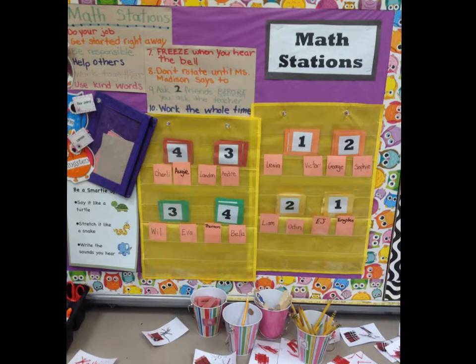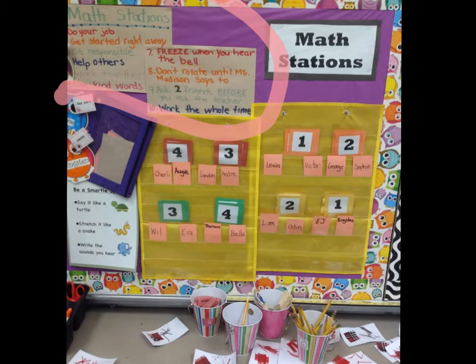Not only do I differentiate with language arts, I also differentiate with math. So up here you'll notice my expectations for math, and I have my math stations organized a little bit differently. But students are grouped in these flexible groupings, which I forgot to mention.